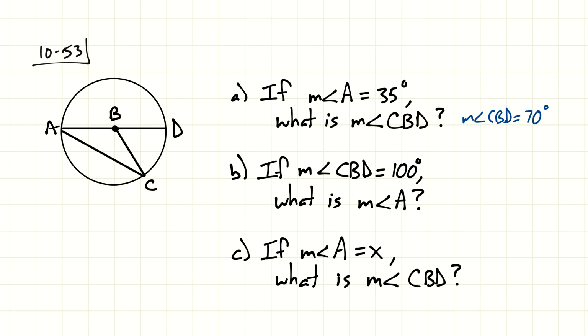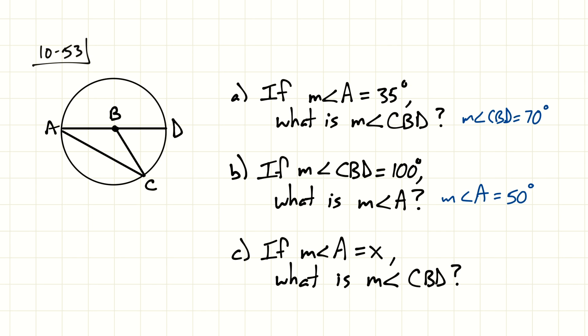You could always work backwards. This would be 80 for supplementary. And if that's 80, then these must add up to 100, which has to be 50 and 50, because these are isosceles triangles. So the measurement of angle A is equal to 50 degrees.